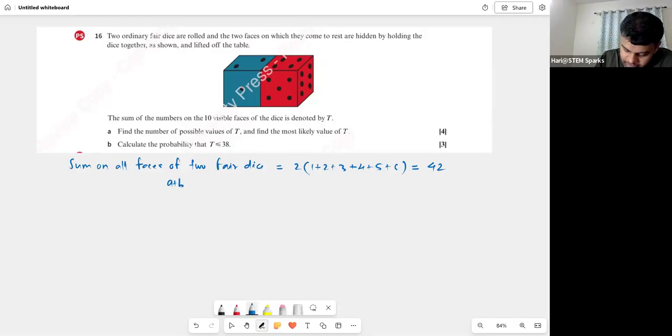Let a plus b be the sum of the numbers on the two hidden faces.